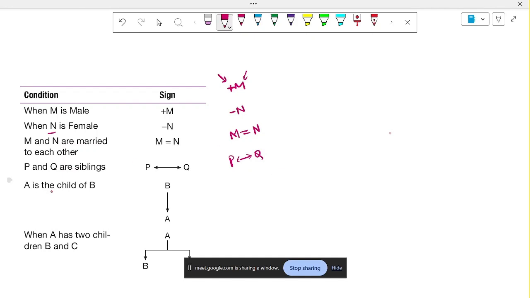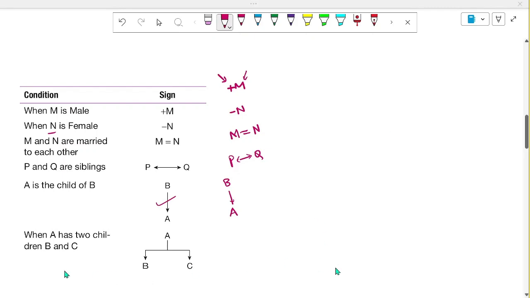Then, A is the child of B. So you know that A is the child of B, so you can see this is the diagram. Fine. And then, when A has two children, B and C. I hope these notations are very clear, very simple notations.